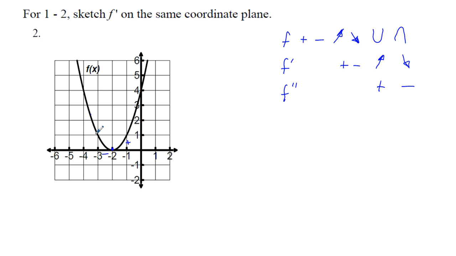Actually, we don't have an inflection point because we don't see concavity changing. So I think this f double prime row is not needed. So here we are, negative, all the way up to x equals negative 2, and then we continue on like this. And this is going to be our graph of f prime of x.